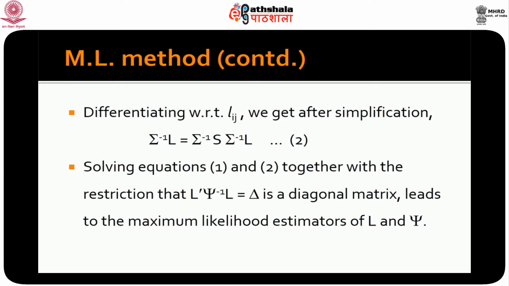You can look at the text for the details, but the principle is that you need to find the derivative with the usual method of doing the maximum likelihood, and equate them to 0. In this case, it's going to be a little bit more complicated than that, but this would lead to the maximum likelihood estimators. But remember that you need to superimpose the condition that L prime psi inverse L is a diagonal matrix.